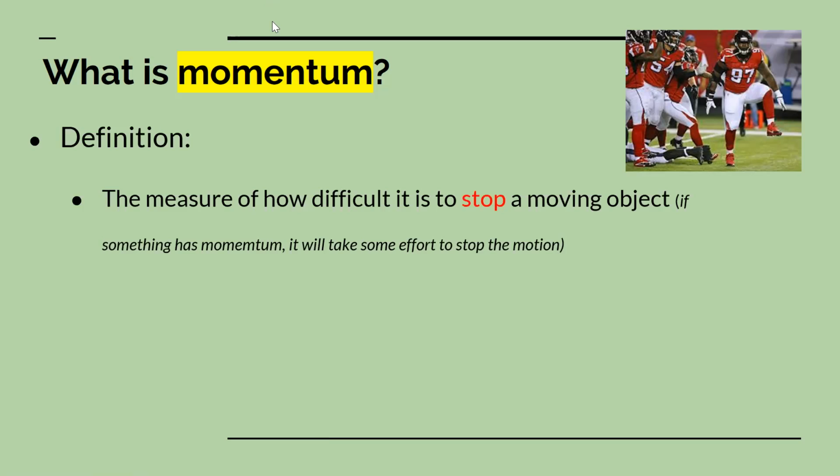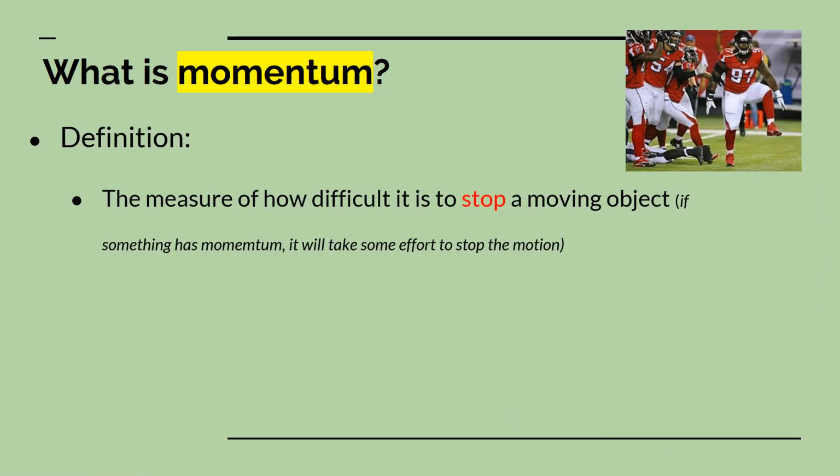All right. So if something has momentum, like, non-sciencey, like Aurelia said, maybe courage, if I have built up the courage to do something, then it's going to take some effort to stop me. If this big football player, a linebacker, is running towards you, it is going to take some energy to stop him.